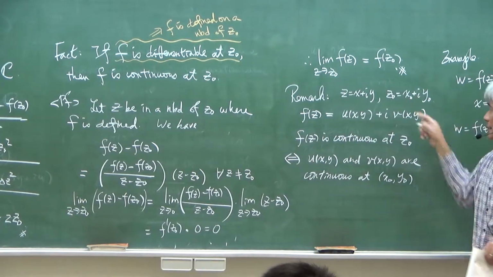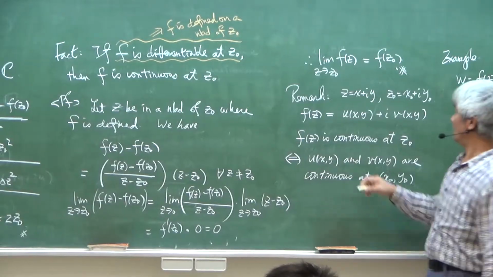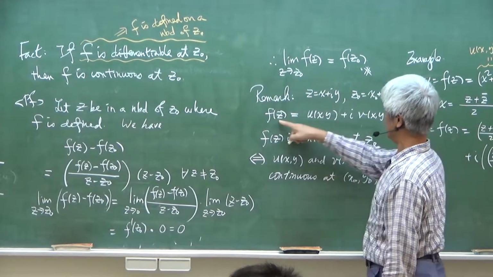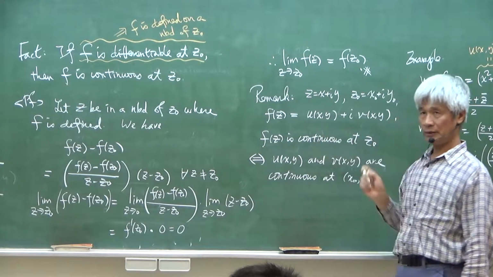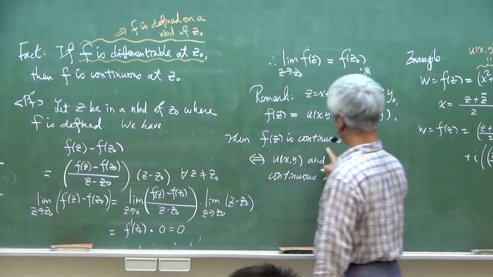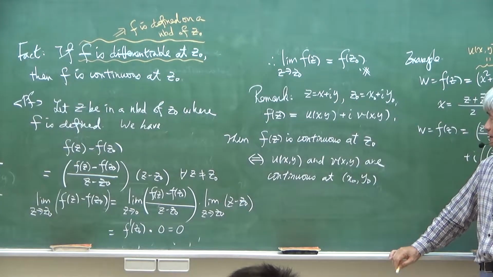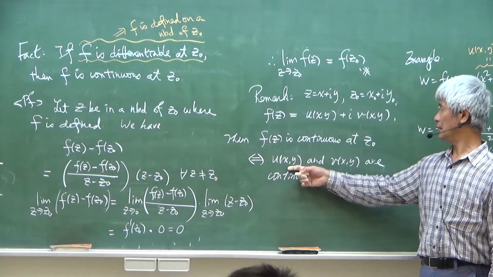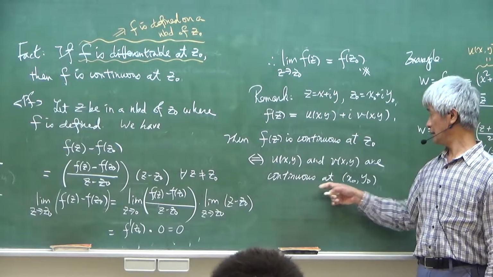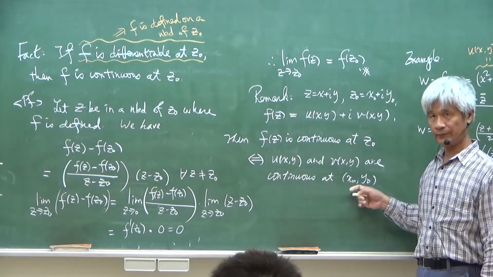So if we have this convention and we write the complex function in terms of u and v, then f(z) is continuous at z0 if and only if u, the real part, and v, the imaginary part, are continuous at this point.